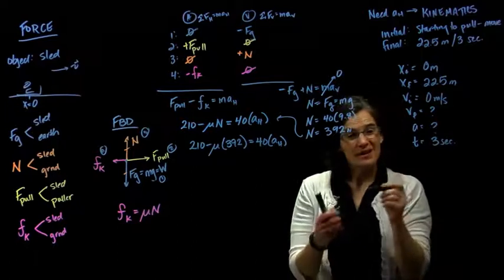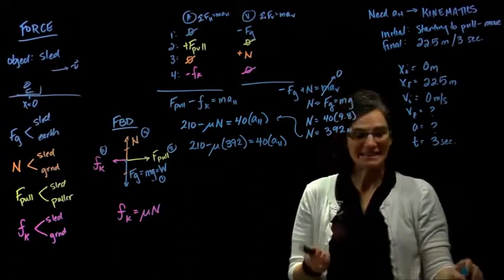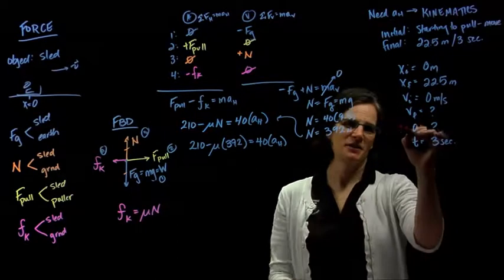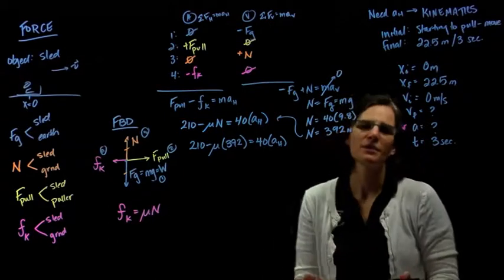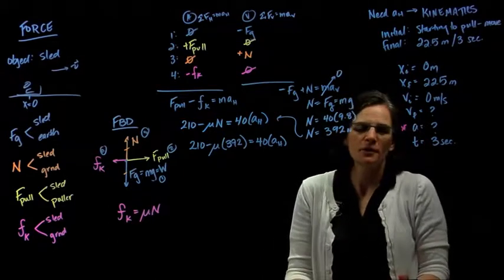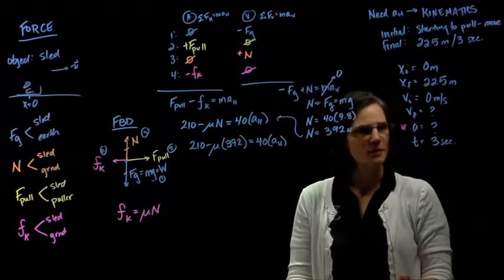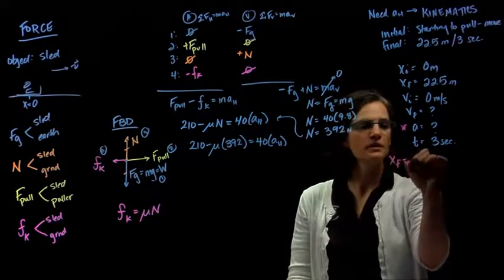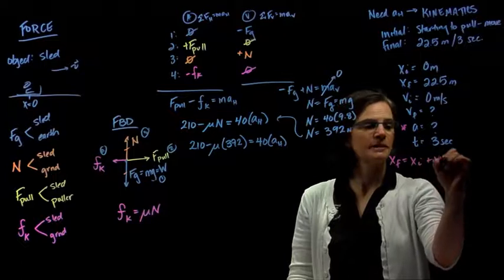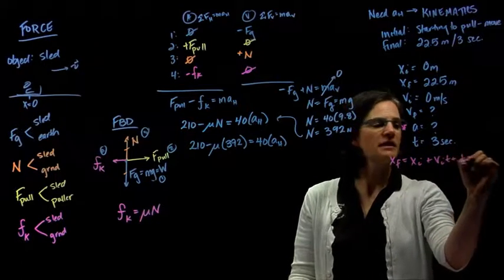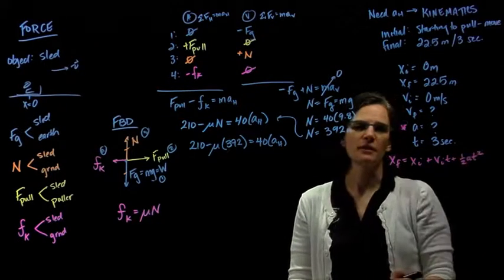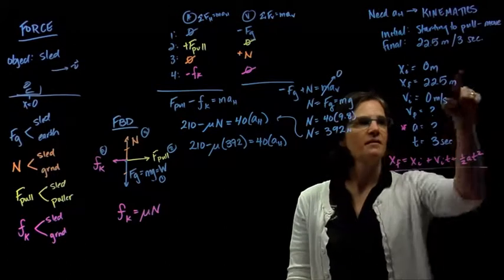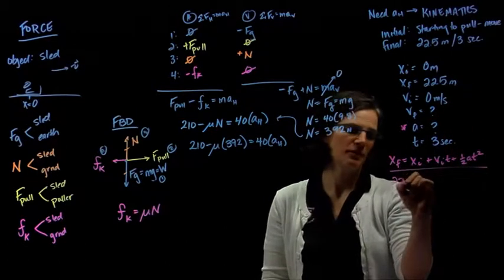The reason I went after kinematics is because I was interested in, of course, acceleration. Now both equations that I use in kinematics have acceleration. So how do I pick it? Pick the one that I know the most information to begin, and that's final position. So x final equals x initial plus v initial t plus 1/2 a t squared is going to be that equation that's going to be helpful for me. My final position is 22.5 meters.